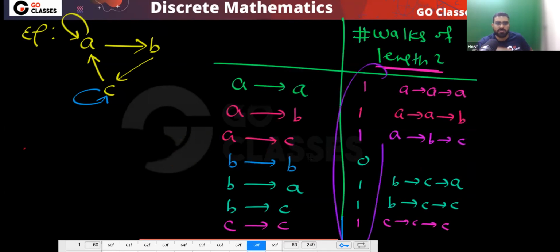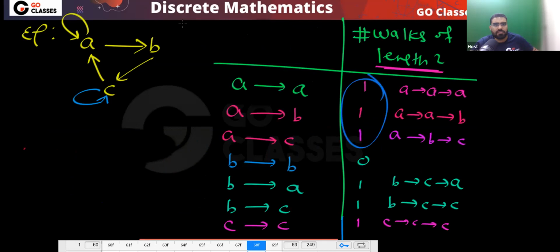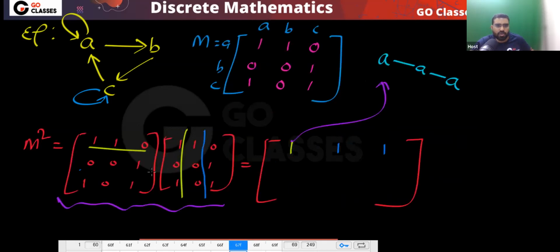So you can simply find the M square, and this will multiply with this. Then what will you get? 110, so that again will be 1, and then you multiply this with this, so 1. You can see that this is the same data you are getting here, 111. Next, similarly, what about this one?